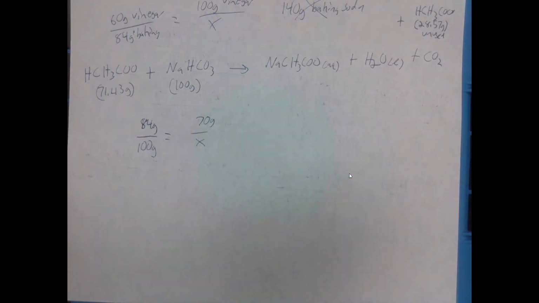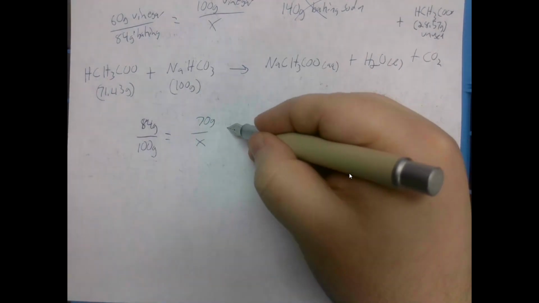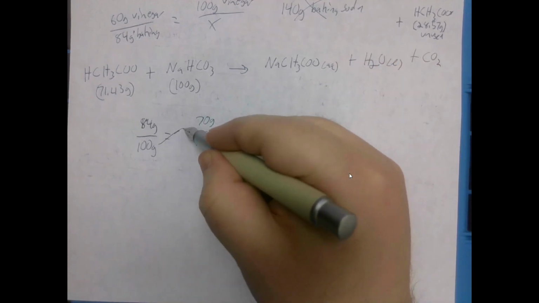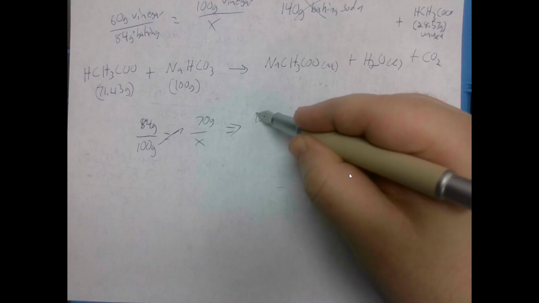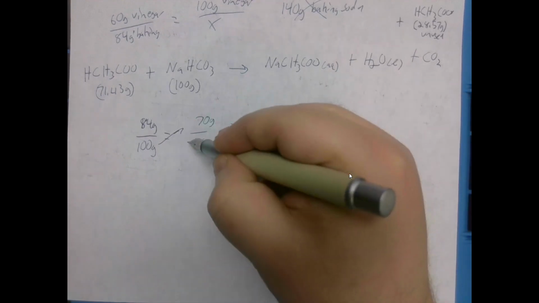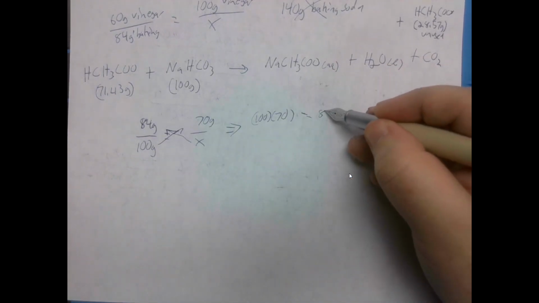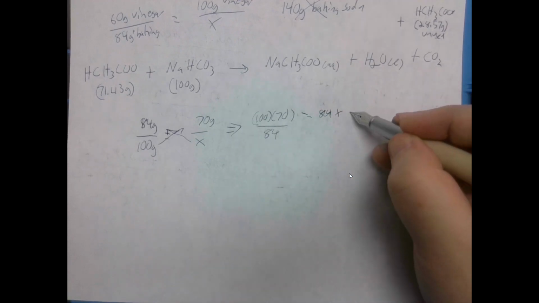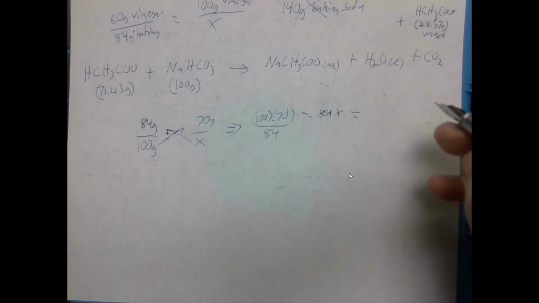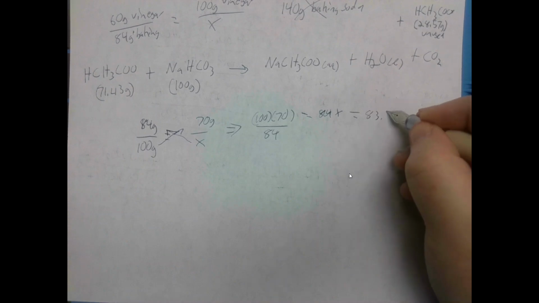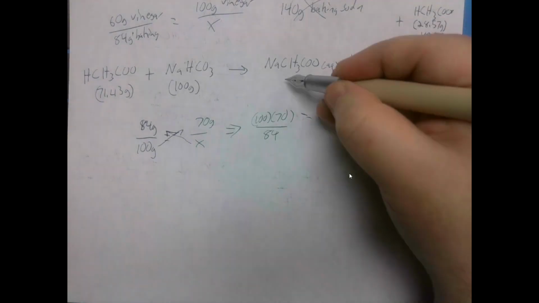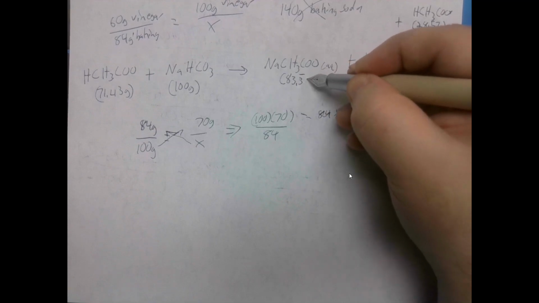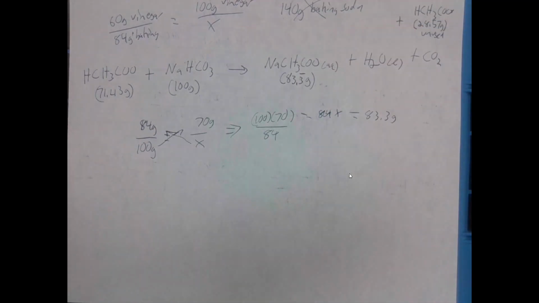What would the X be? Again, it's just simple: 100 times 70 is equal to 84 times X. Move the 84 over here, and we see that X is equal to 83.3 grams. So by mixing these together, I get 83.3 grams of sodium acetate.